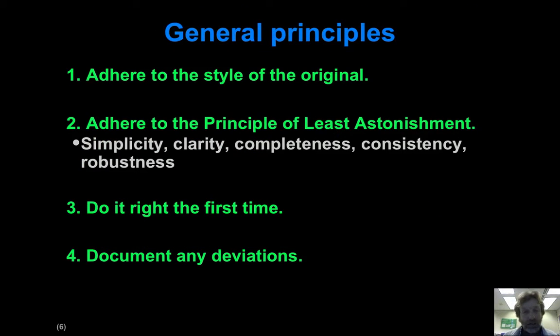Okay, so there are some general principles, which are just general principles for development in general. That's why they're called general principles. I like the principle of least astonishment, which means you want things to be simple, clear, complete, and consistent. Try to do things right the first time, which refers to not writing the whole system and then adding comments, not writing the whole system and then adding tests.